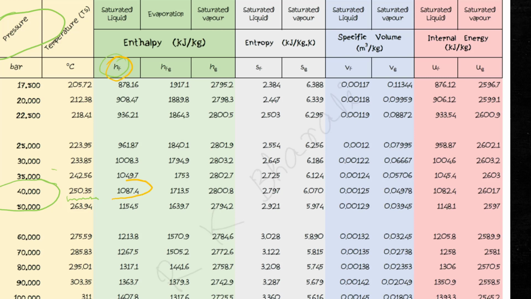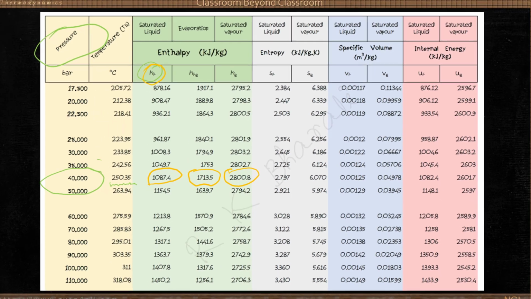Sensible heat is 1087.4 kilojoule per kg of steam. Latent heat of evaporation is 1713.5 kilojoule, and the total heat of dry steam is 2800.8 kilojoule per kg of steam. Now these are the data we require from the steam table.